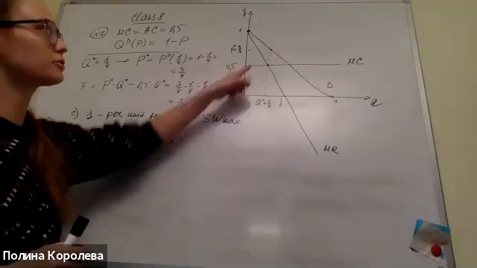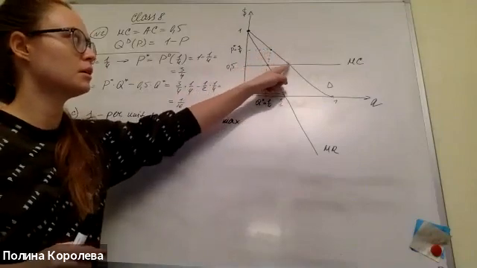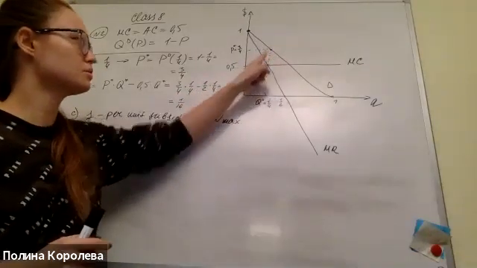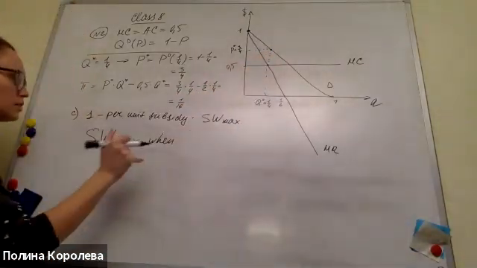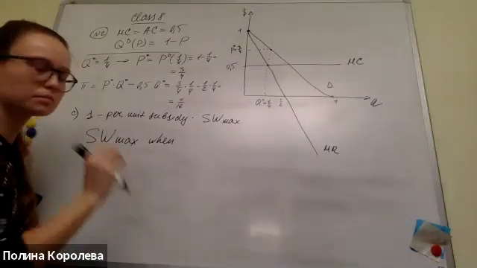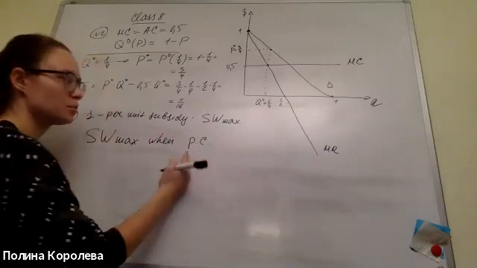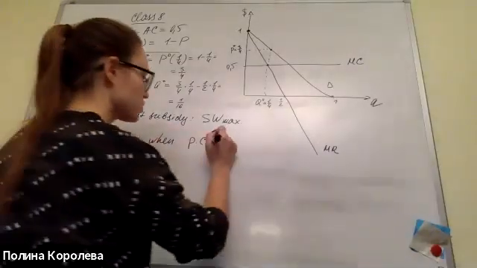When we have monopoly, this triangle is deadweight loss. So social welfare is maximal, no losses, when we have perfect competition without government intervention.